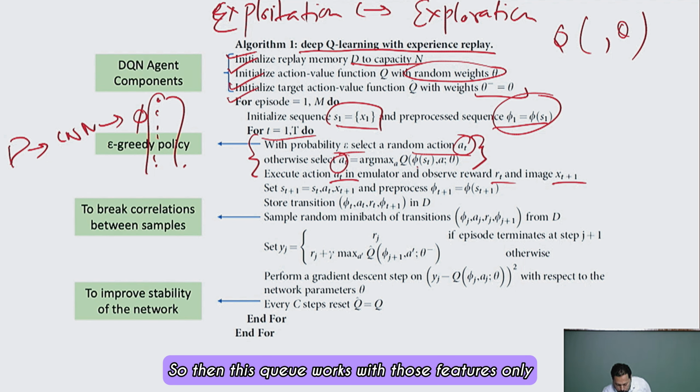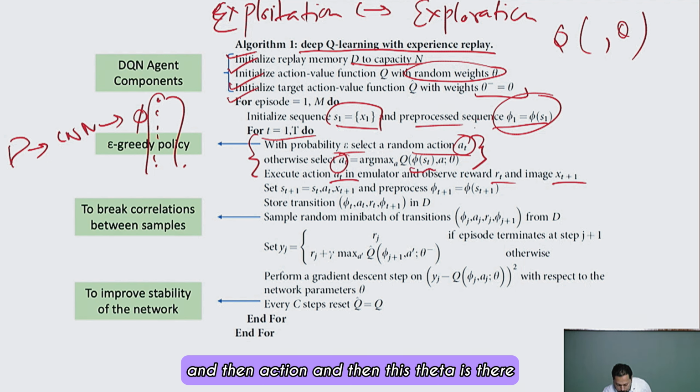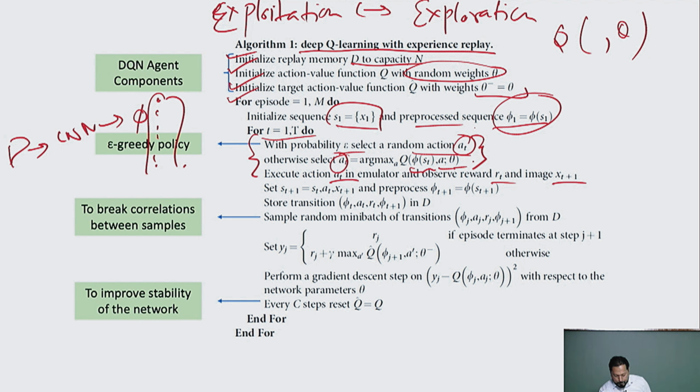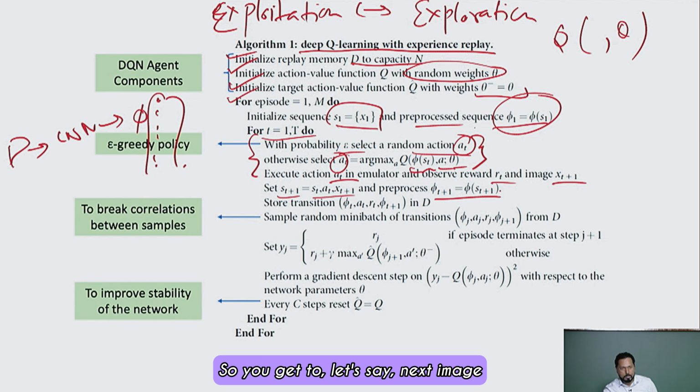So then this Q works with those processed features, and then the action, and then this theta is there. Execute the action a_t and observe the reward and the image x_{t+1}. Then set s_{t+1} = s_t, a_t, x_{t+1}, and pre-process this again. So you get, let's say, the next image.